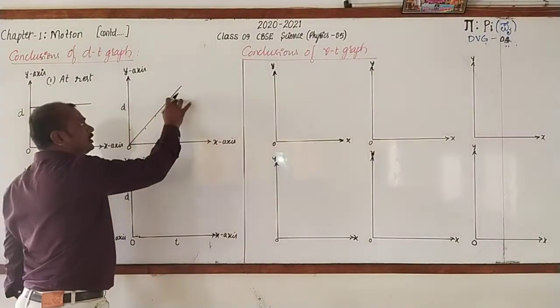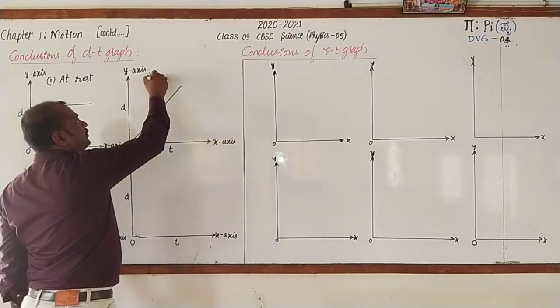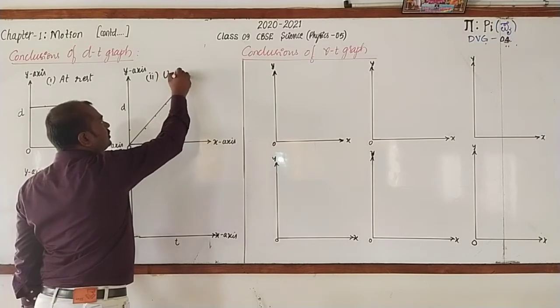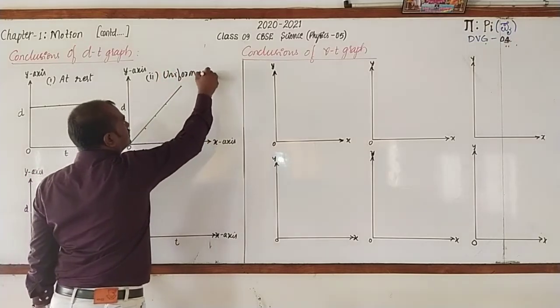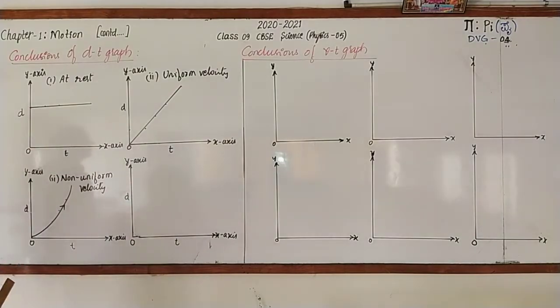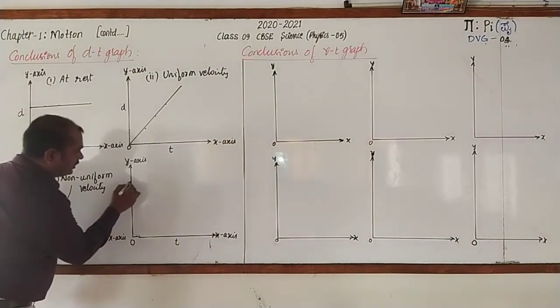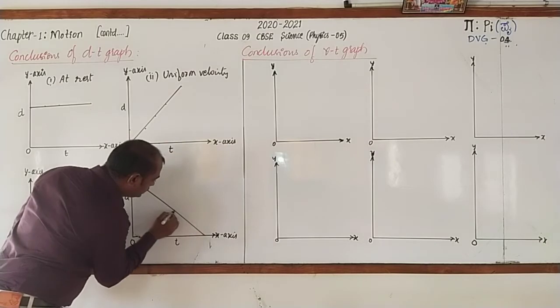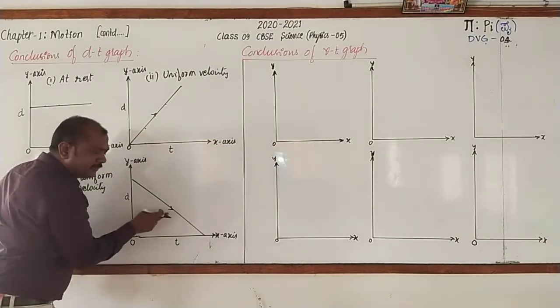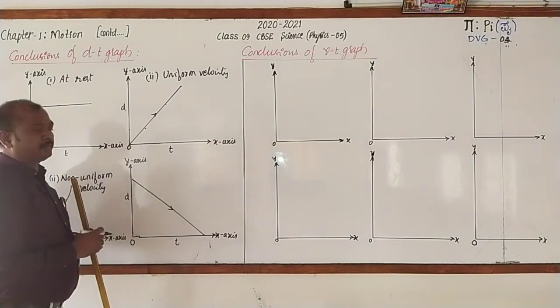So for uniform velocity of a body, its graph will be a straight line. Then here just observe this straight line. It indicates that if it is a straight line, it is uniform.